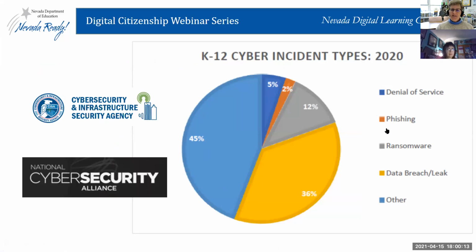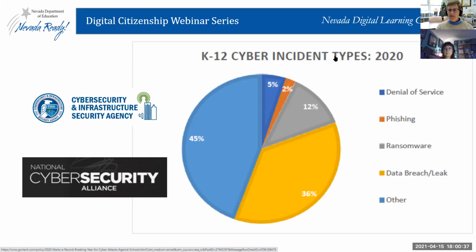So if you look at this, the biggest part of this is this 45% is the denial of service. How are hackers, other people that have ill intent, denying service across a network? We talked a little bit about phishing, ransomware, data breach, and everything else that's out there.